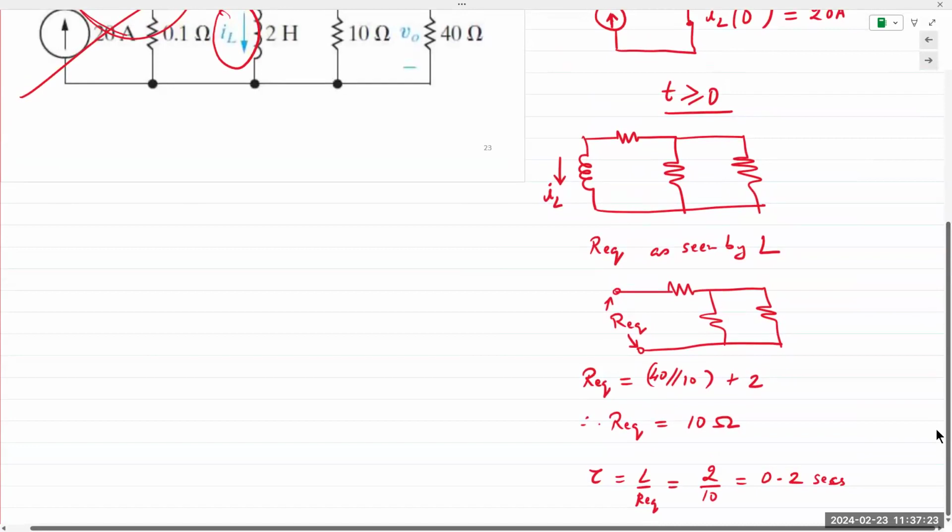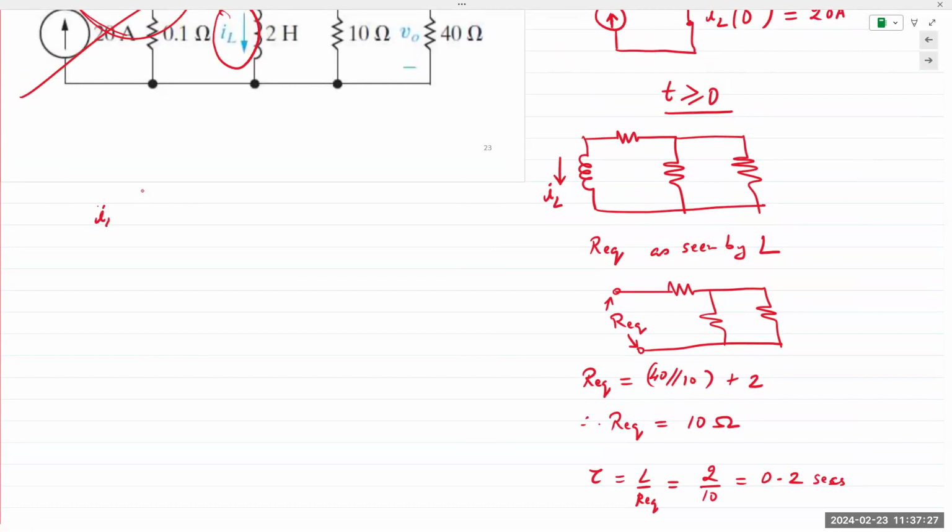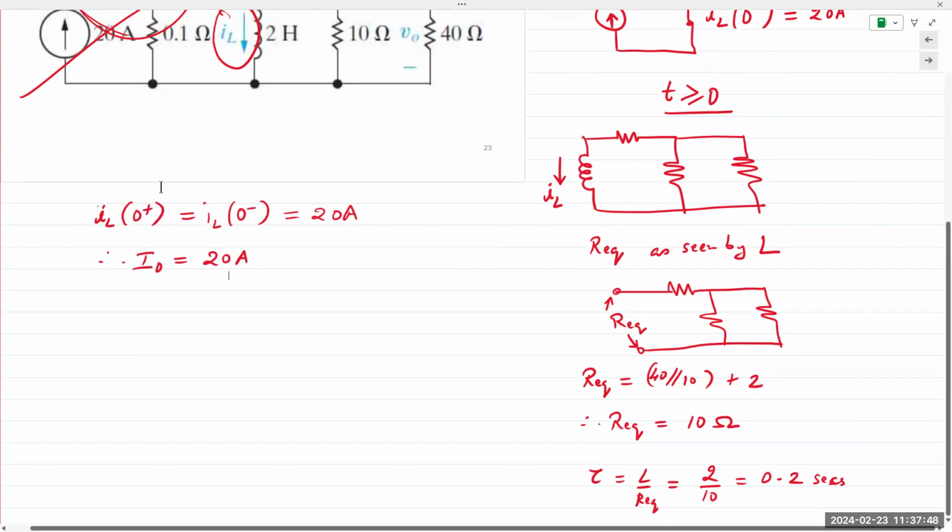Now, for time t greater than 0, I need to find the value for IL. IL(0+) is the same as IL(0-), which is 20 amps. So my initial conditions are established, and I0 has a value of 20 amps.